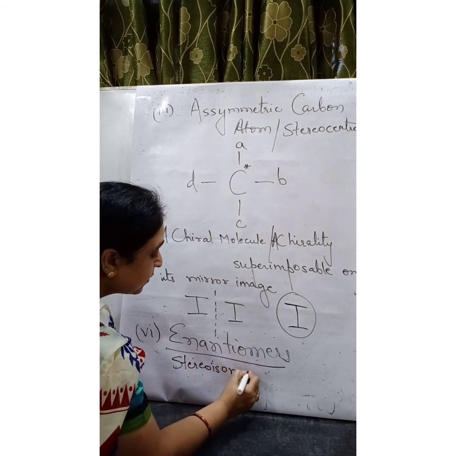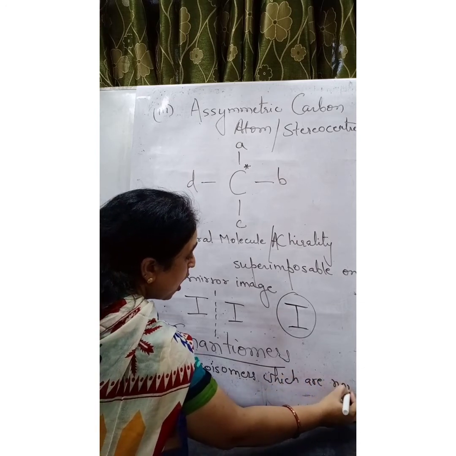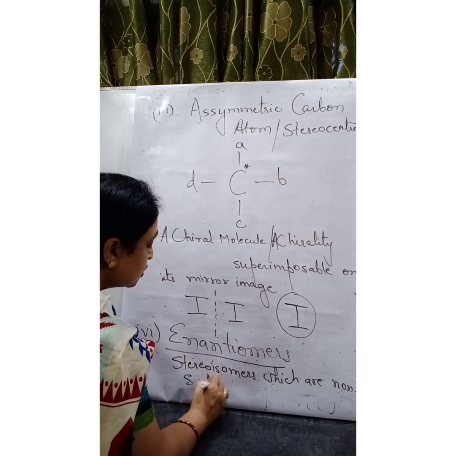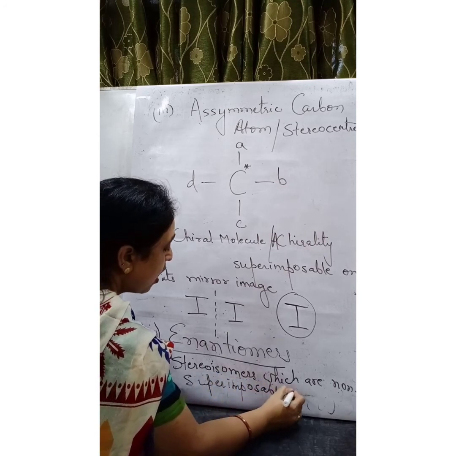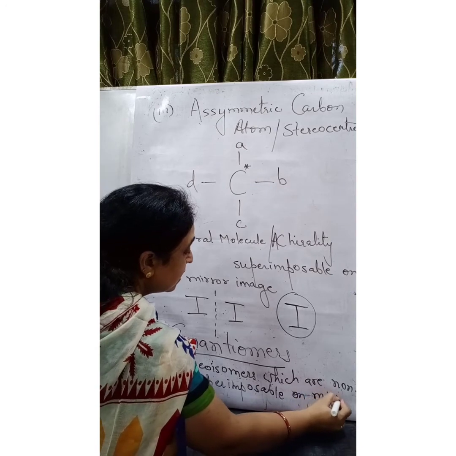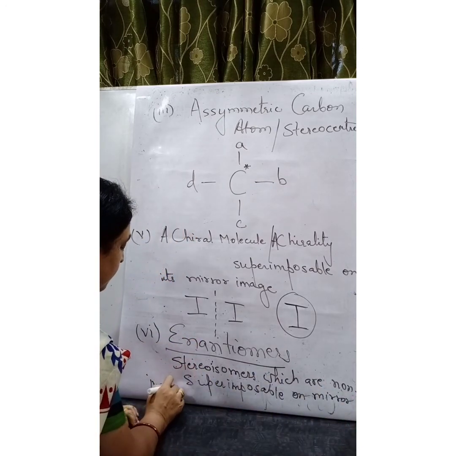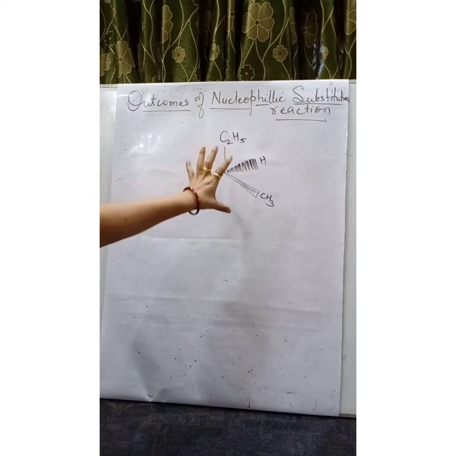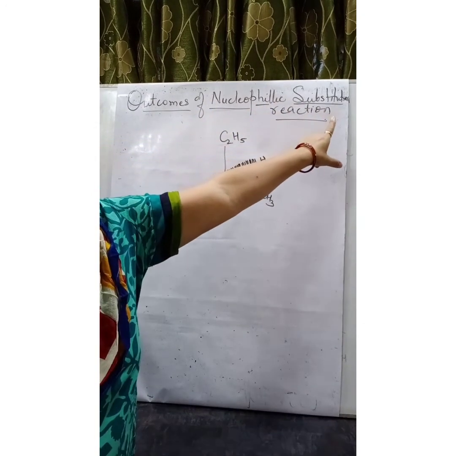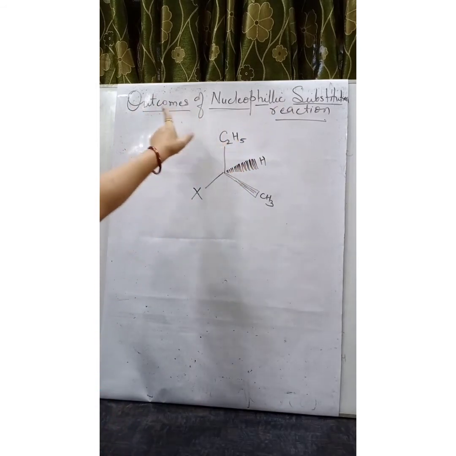Stereoisomers which are non-superimposable on mirror images are known as enantiomers.